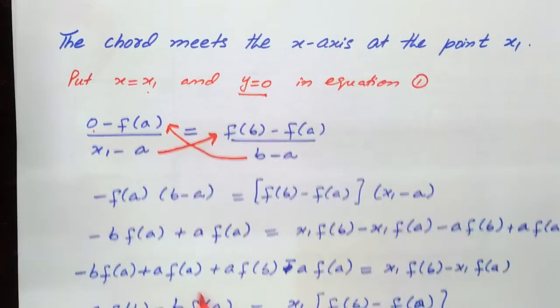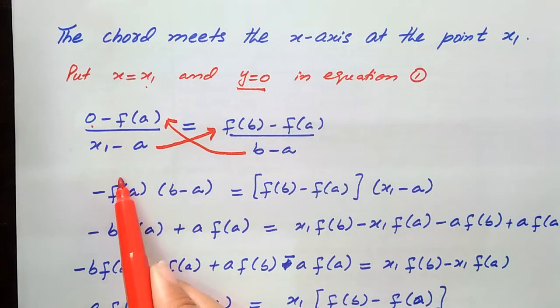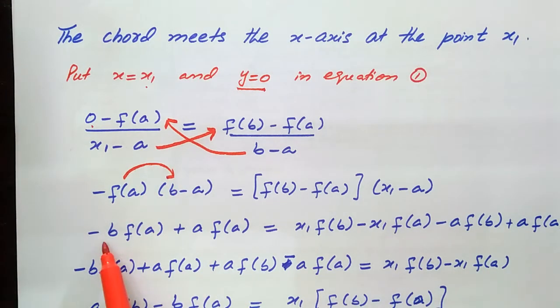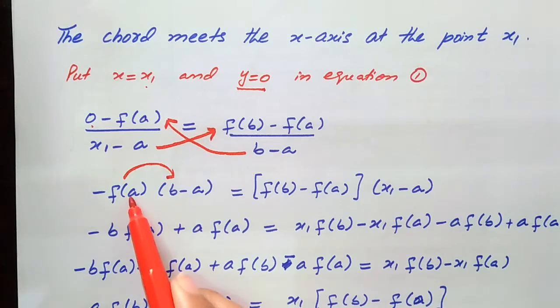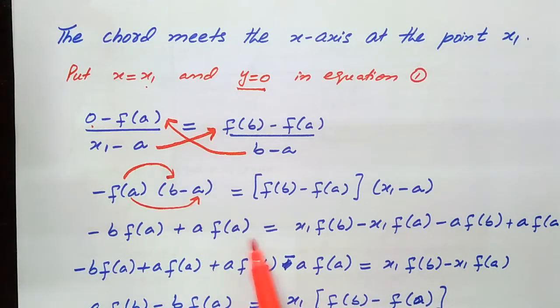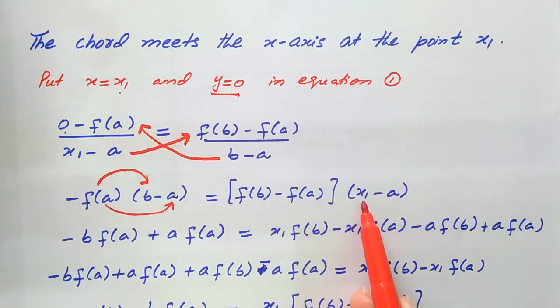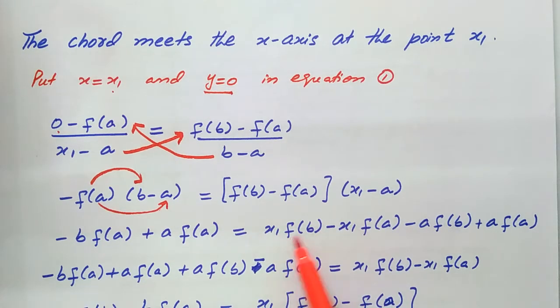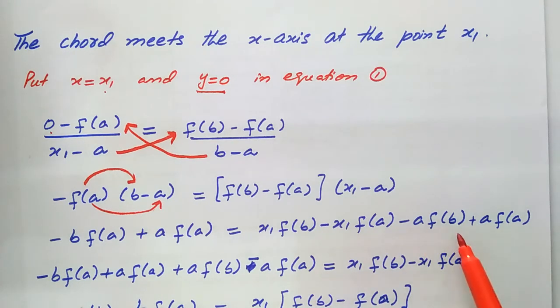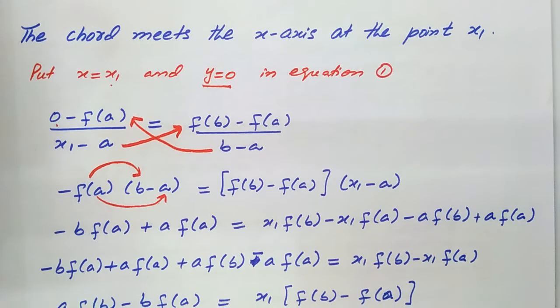Now open these brackets. I got f(a) multiplied with b, so minus b f(a), and then multiplied with a, so plus a f(a). Then open the other brackets as well, the normal multiplication that we follow. That will become x1 f(b) minus x1 f(a) minus a f(b) plus a f(a).